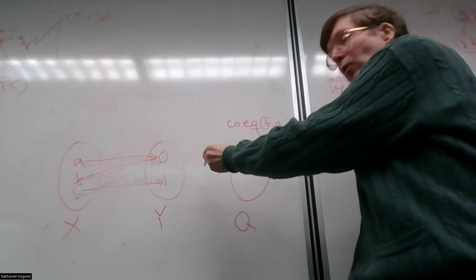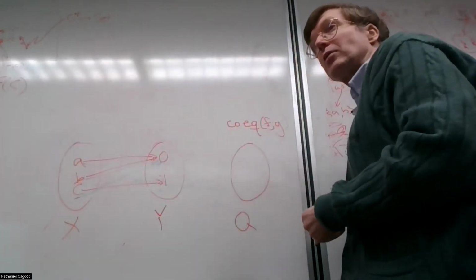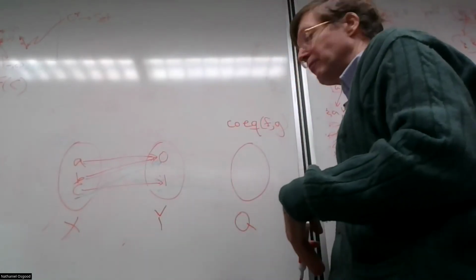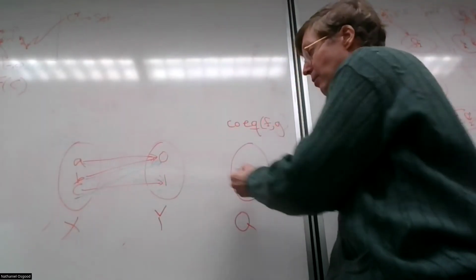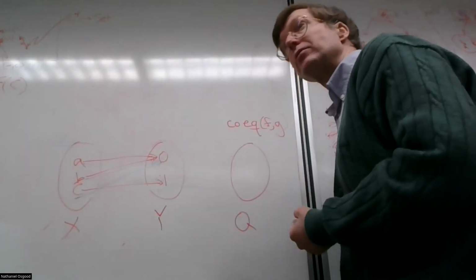Do you remember what it was when we had E? Injective function, because it corresponded to a monomorphism, a morphism that was monic. Here we have a morphism that's an epimorphism.